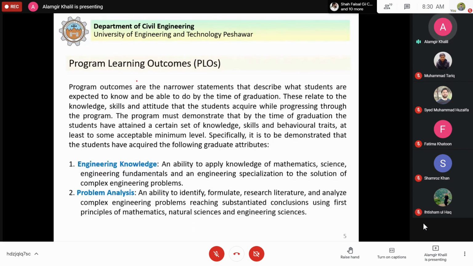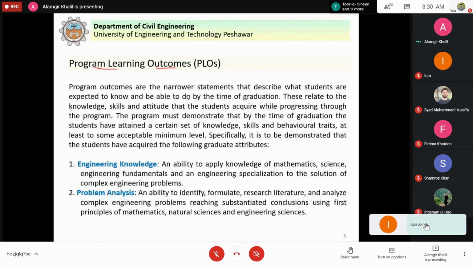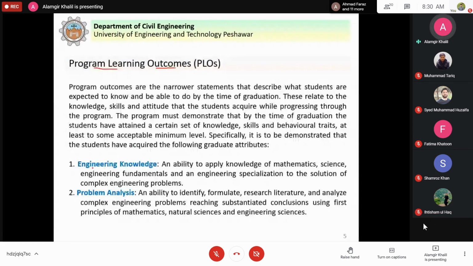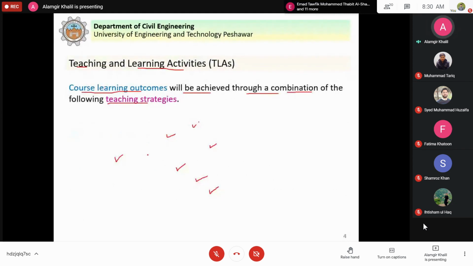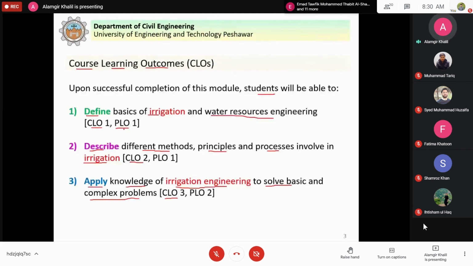Now these program learning outcomes, you must have a good idea of so far. These PLOs, the first one is engineering knowledge, which is linked here. You can see PLO1 here and PLO1.